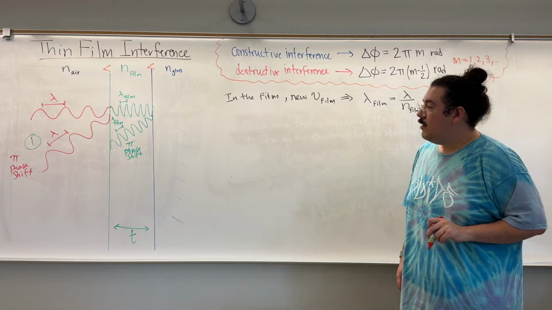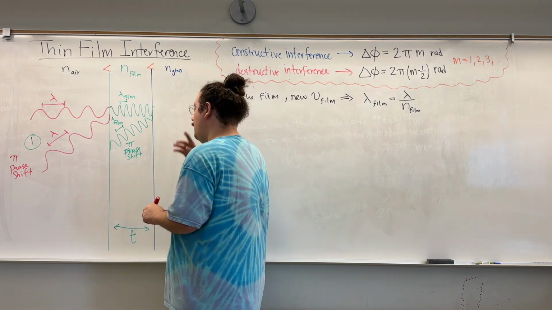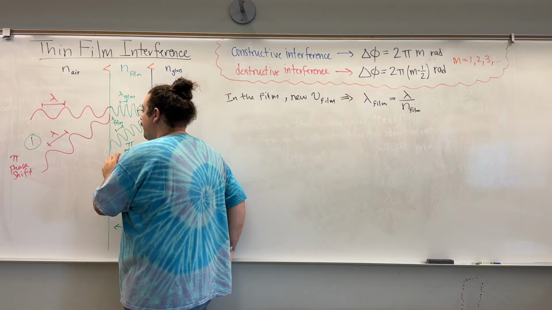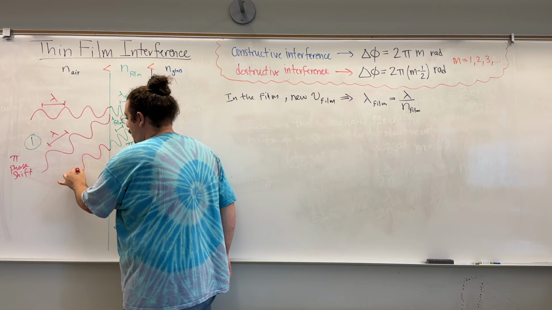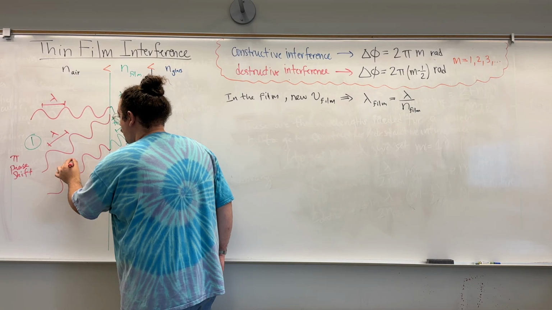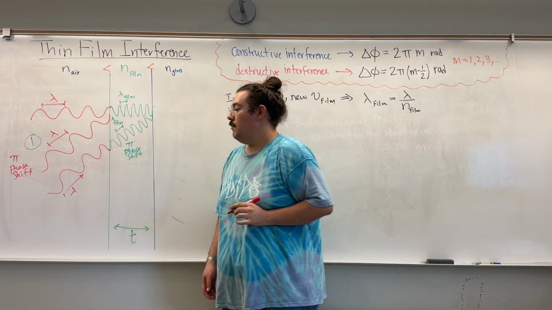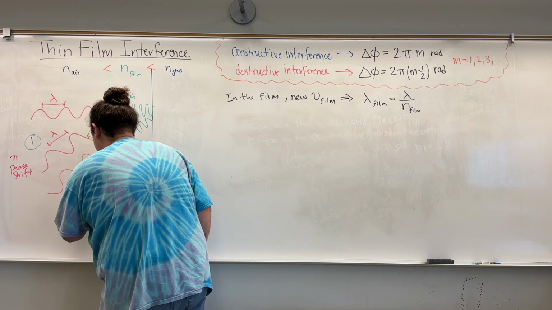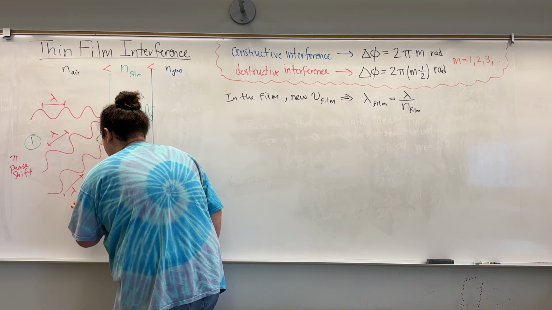So now, once we get back to the original air-film boundary, we enter the original refractive index, so we go back to our original lambda. Those two are the same. But we still overall have a pi phase shift because of that glass boundary.